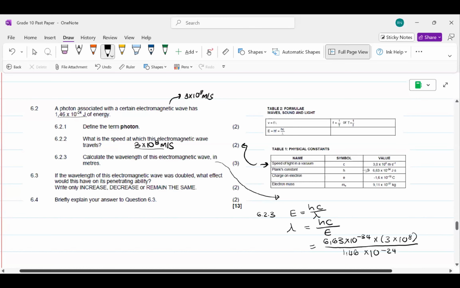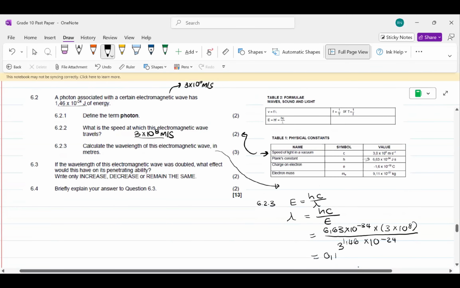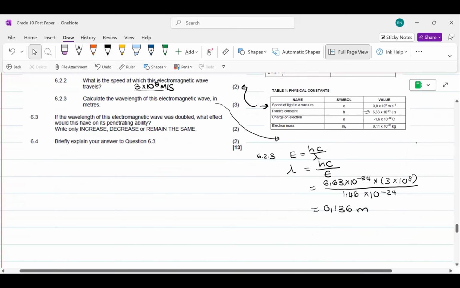And so you should get your wavelength as 0.136 meters. Or if you're doing it to 2 decimal places, you should get 0.14 meters.